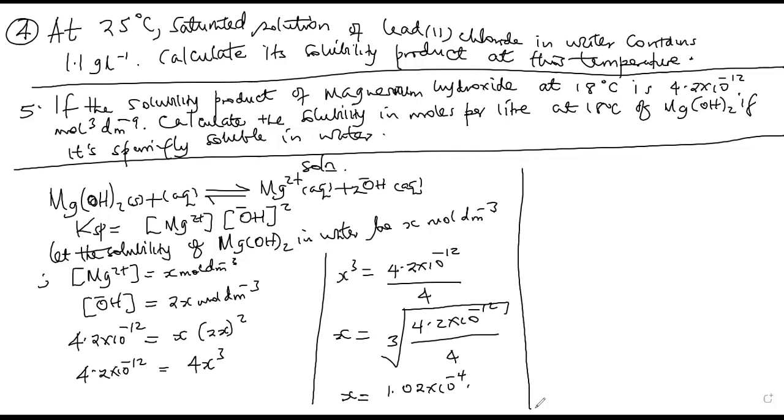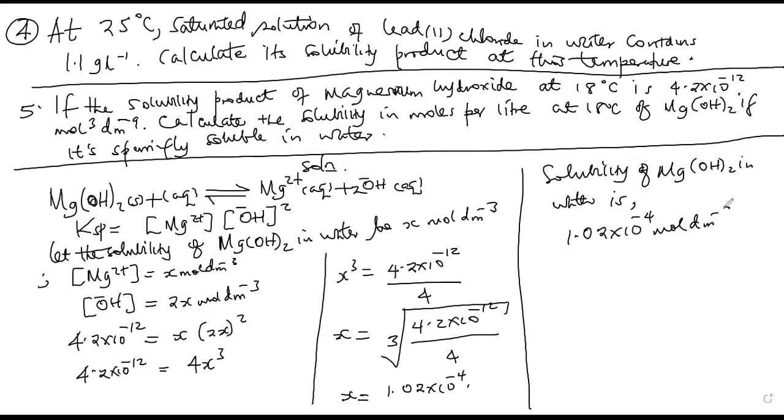Then we conclude that the solubility, because you had let it be X and you've gotten X, of magnesium hydroxide in water is 1.02 times 10 to the power negative 4 moles per decimeter cubed. That is how we get the solubilities.